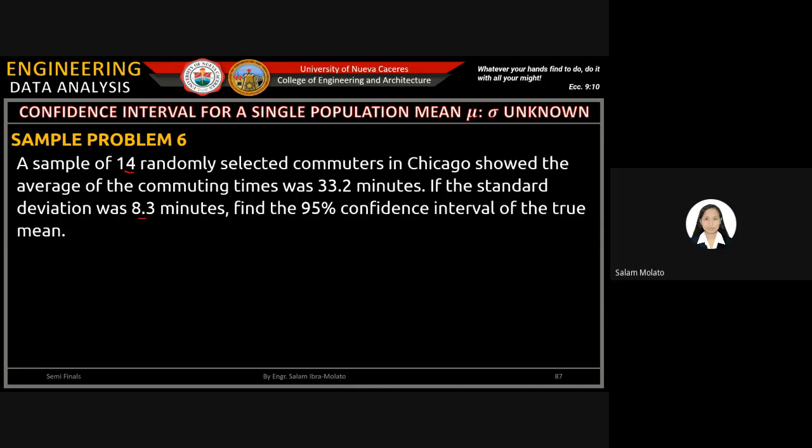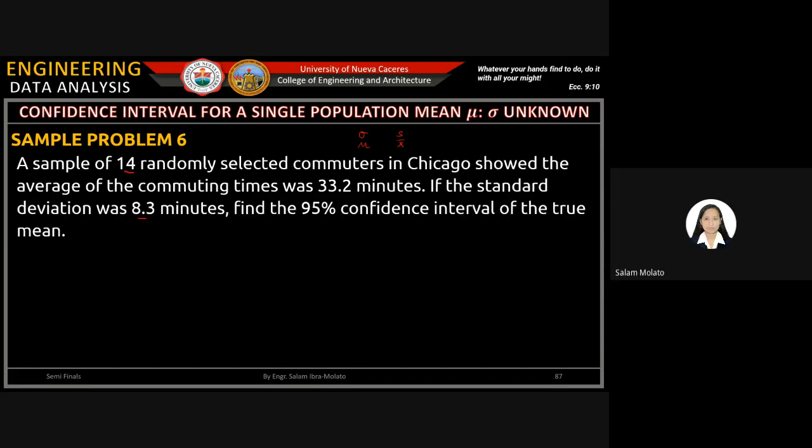So kapag nalilito kayo guys, balikan ninyo yung sample at saka population. Kapag population sigma, kapag sample S, ang mean dito x bar, 'di ba? So balikan niyo yung table na present ko sa inyo last meeting.